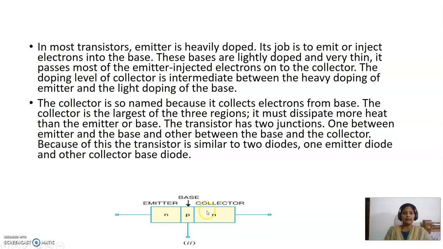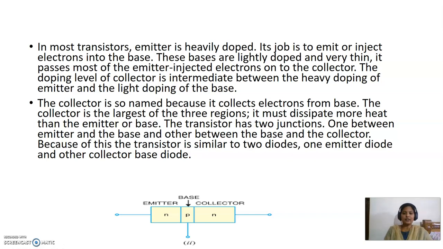The doping level of the collector is moderate, between the emitter and the base. The collector is named so because it collects the electrons from the base. The collector is the largest of the three regions, so it dissipates more heat. That is why it is made large.